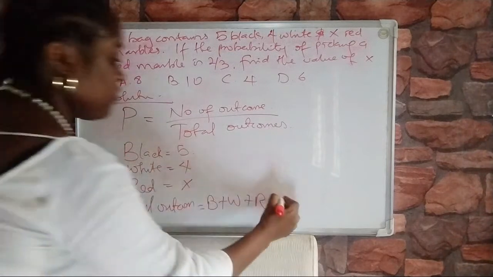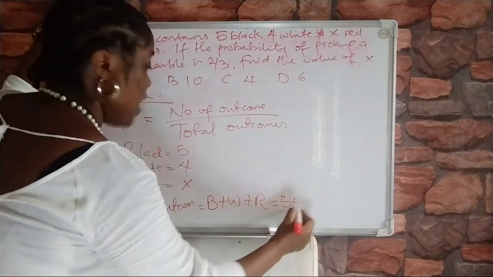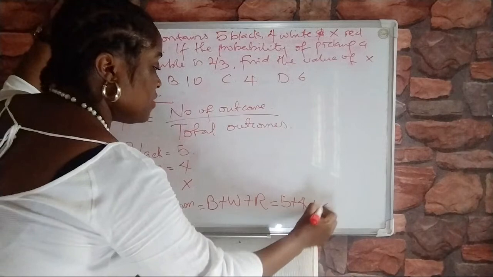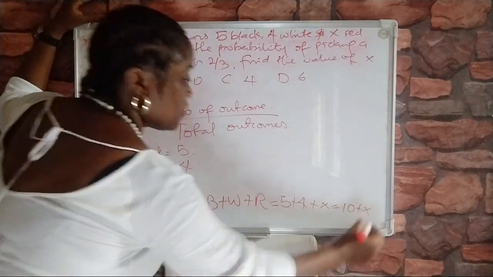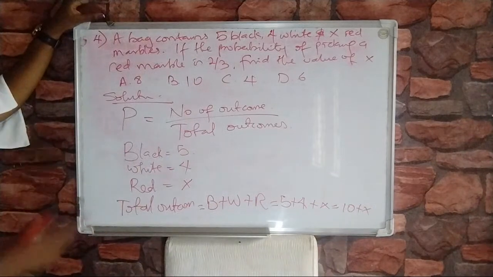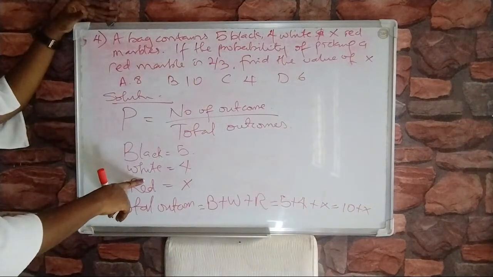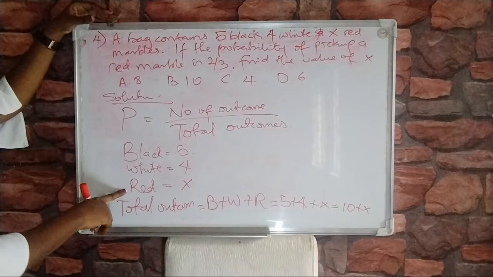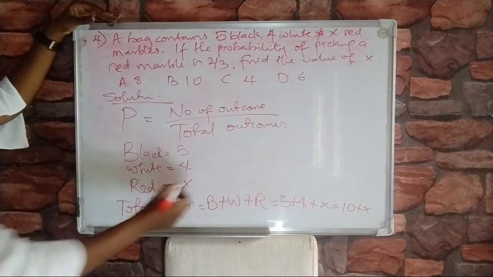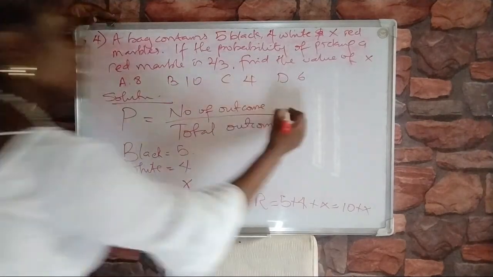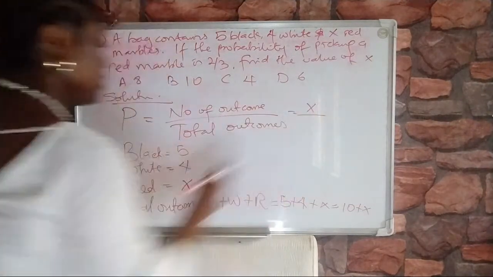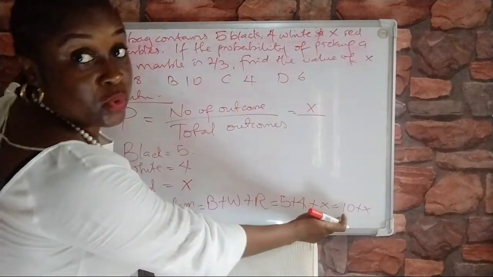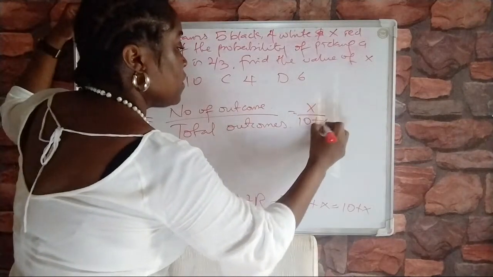So black is 5, white is 4, and red is X. So this will give us 10 plus X total outcomes. The outcome we are interested in is the red, which is X. So the number of red outcomes is X, and the total number of outcomes is 10 plus X.